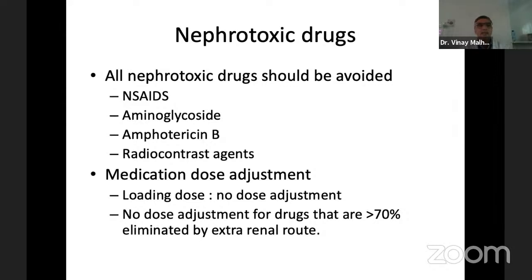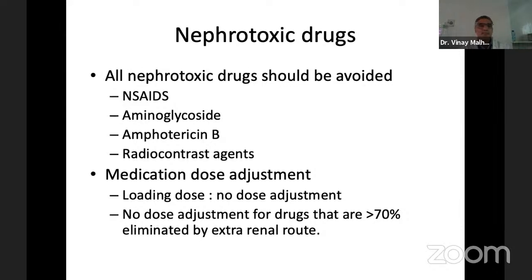Then among the antibiotics, we know aminoglycosides are known to be nephrotoxic, so we should use these drugs judiciously. Then certain antifungal drugs, amphotericin B. Radio contrast is very important. We will discuss radio contrast in detail. And then you have to do the dose adjustment for these drugs according to the level of GFR.